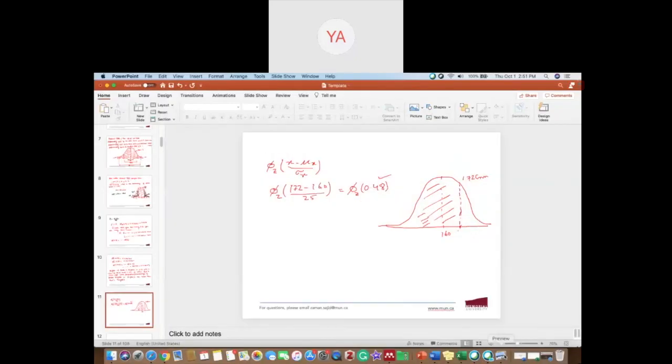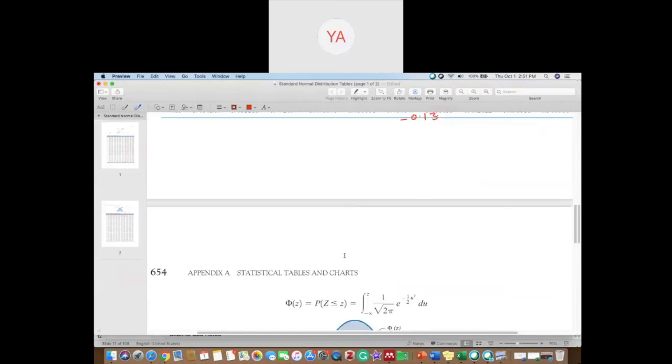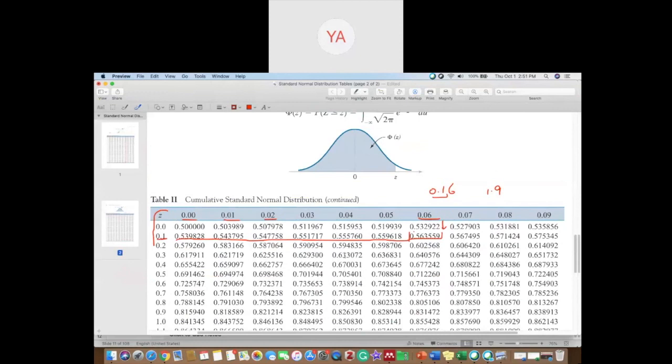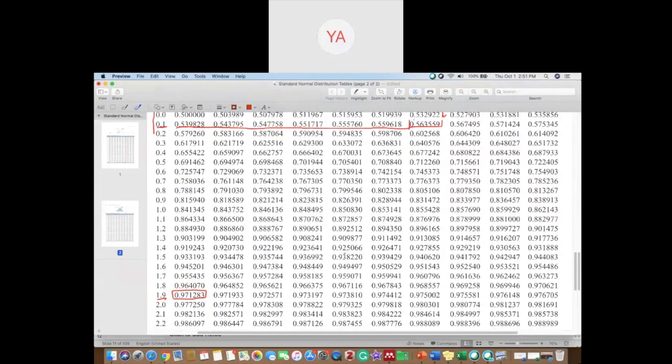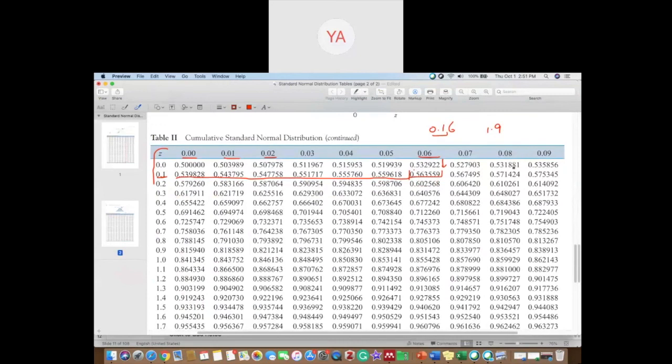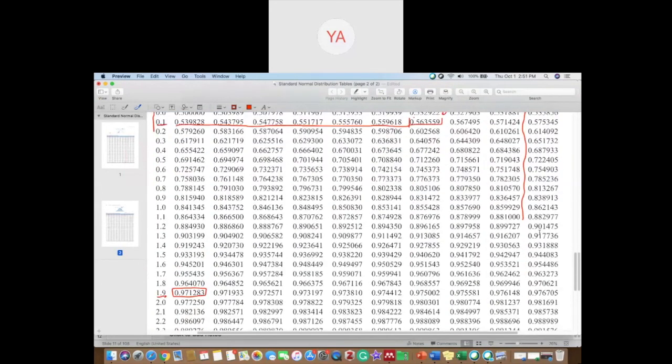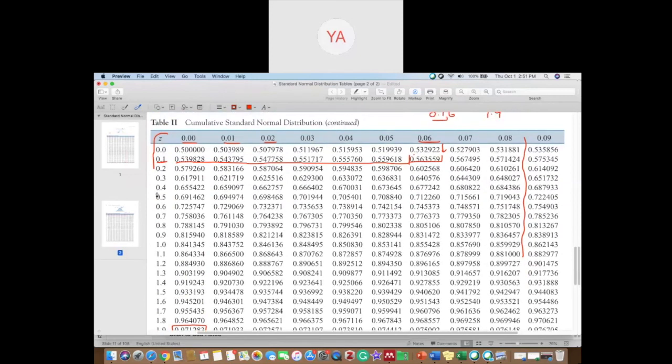Okay, so I go back to my table. Now I need to find the positive value here because it was lying on the right of the mean. So this column is 0.08, and this row is my 0.4. My objective is to find out 0.48. So I come from here and this is the value here, the probability 0.684386.